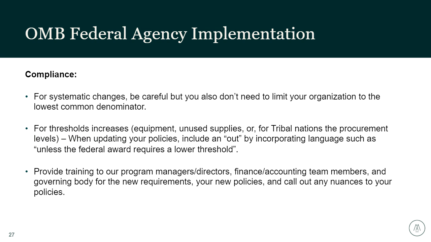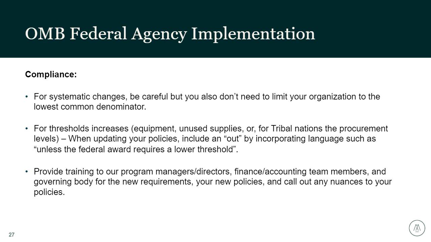For systematic changes, basically entity-wide changes, for example increasing your equipment threshold, you can still do that, but you'll just need to be careful to understand your federal awards. I don't want you to have to limit your organization to going with the lowest common denominator, because that's not the spirit of these revisions.